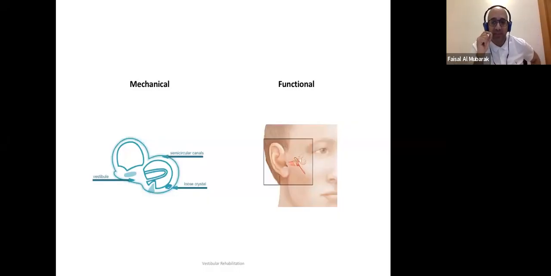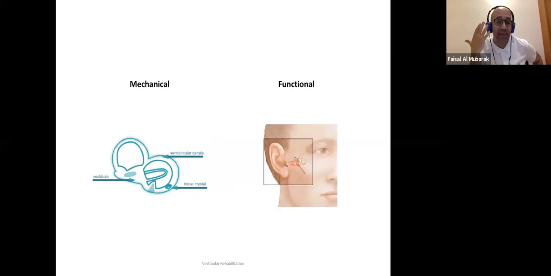either centrally or peripherally, what do we mean by central and peripheral? Let's start with peripheral. Peripheral is any disorder happening in the peripheral part of the vestibular system until it gets to the pathway inside the brain, right?